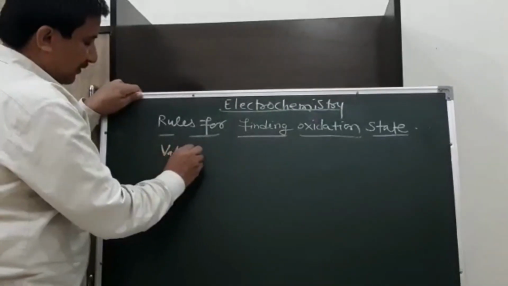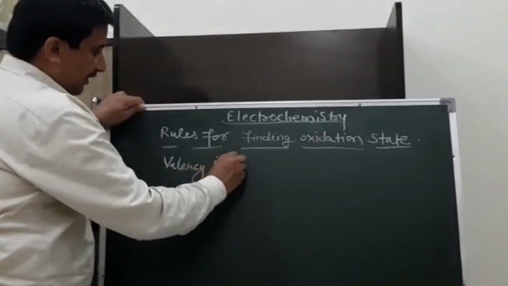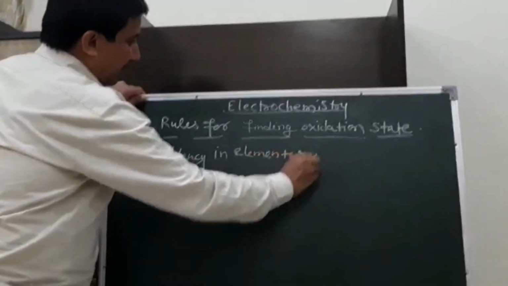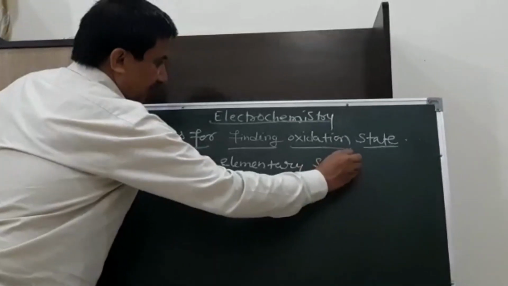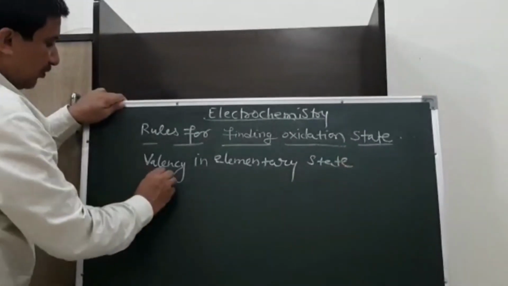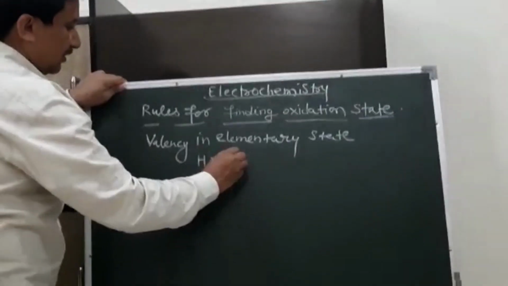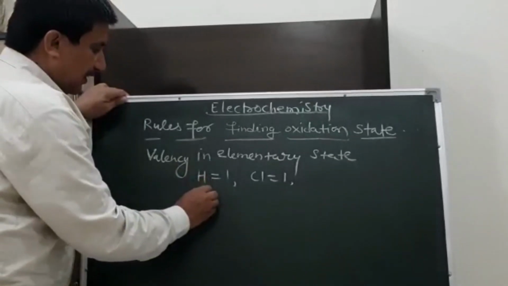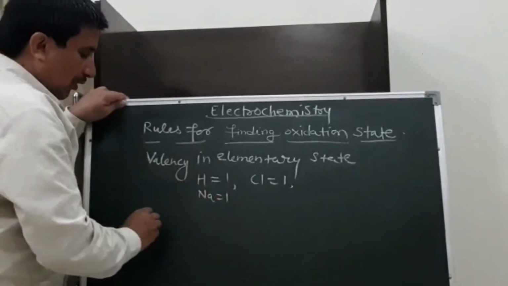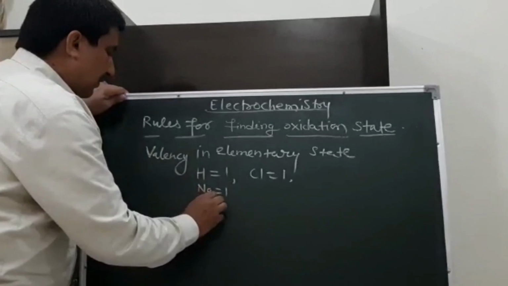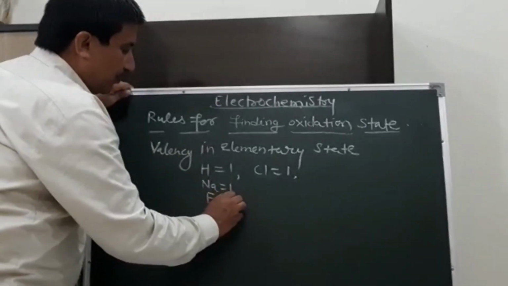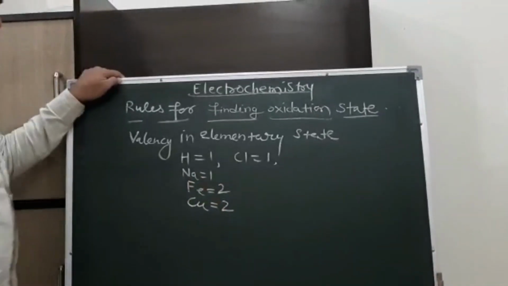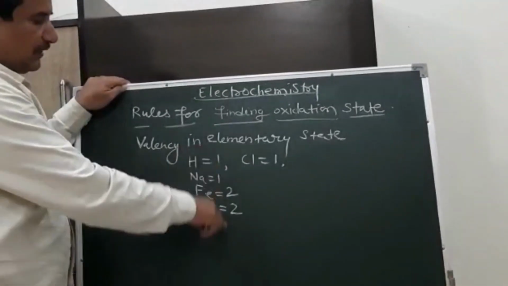In elementary state, we know that hydrogen's valency is 1, chlorine's valency is 1, sodium's valency is again 1, iron's general valency is 2, copper again 2. So like this we can say these are the valencies.